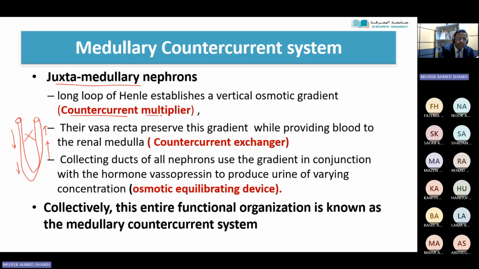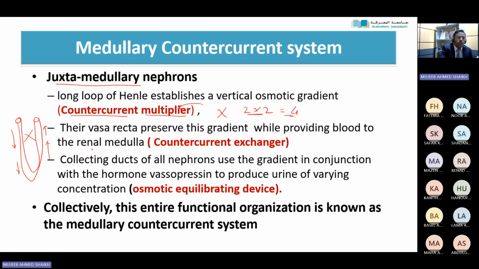What is meant by multiplier? Just 2 into 2 is equal to 4. This is multiplication. The same principle is used here, and I will explain what counter current multiplier means. It multiplies the numbers and becomes a larger number. The vasa recti preserve the gradient while providing blood to the renal flow.